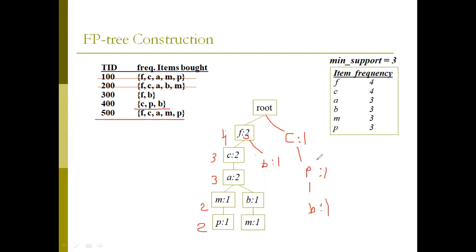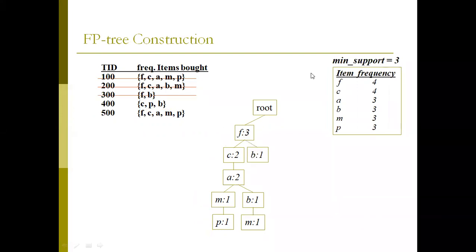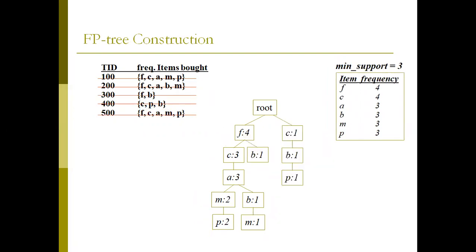This is the construction of the FP tree, right? This is the final tree for the construction of the FP tree for the ordered frequent item sets.